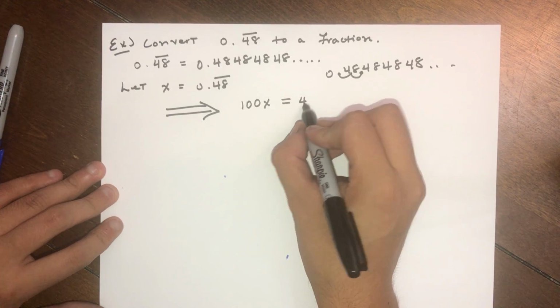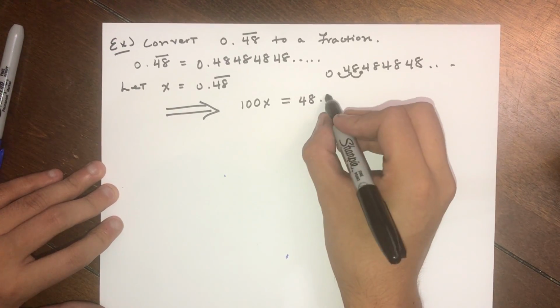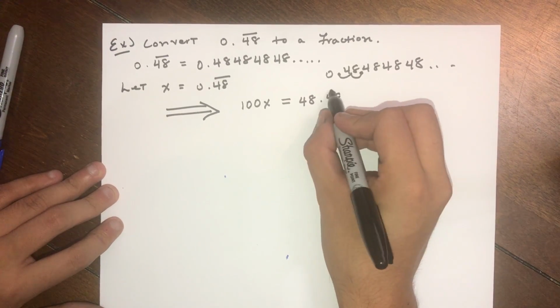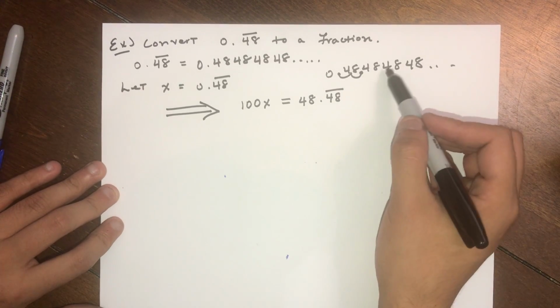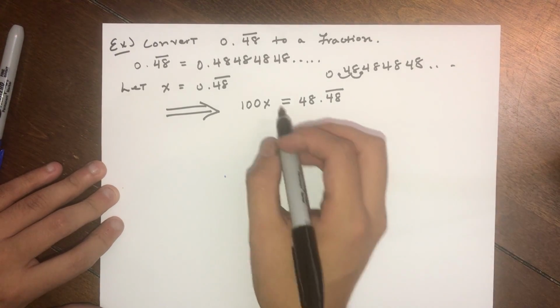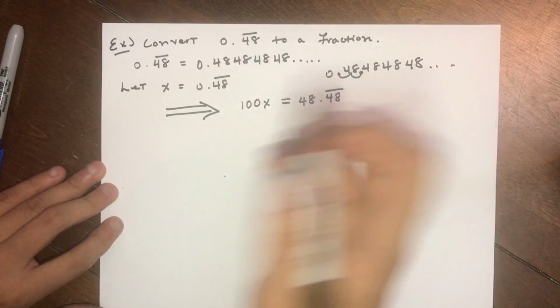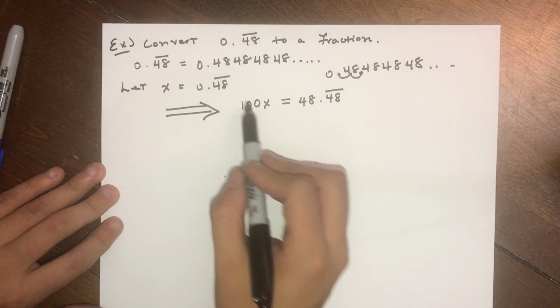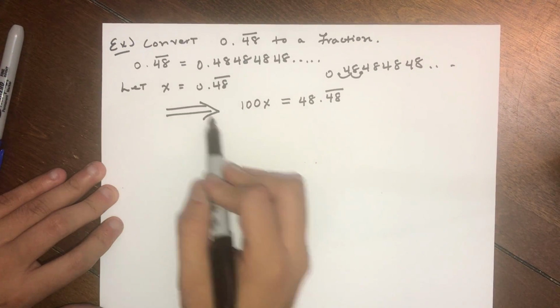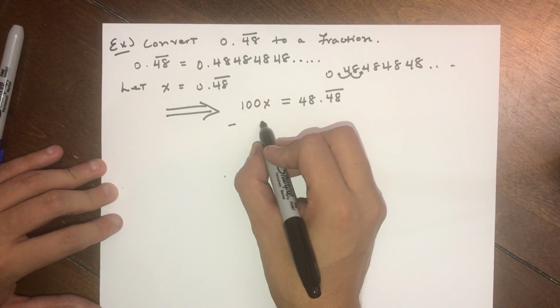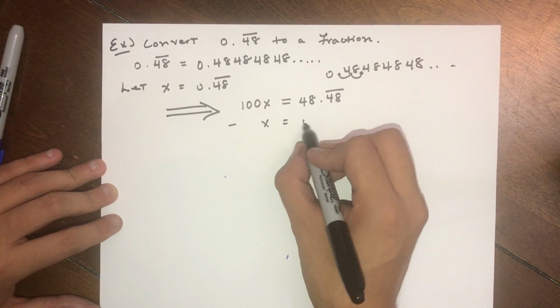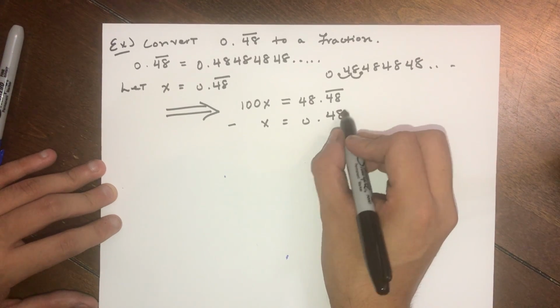So we get 48.48 repeating, because once we move the decimal, we still have the 48s repeating. Now we can do what we did in the previous example: subtract this equation from this one, minus x equals 0.48 repeating.